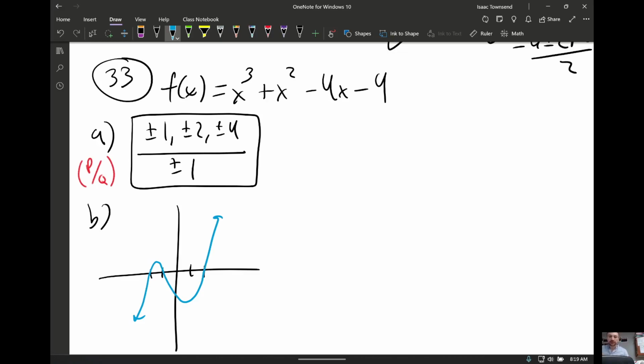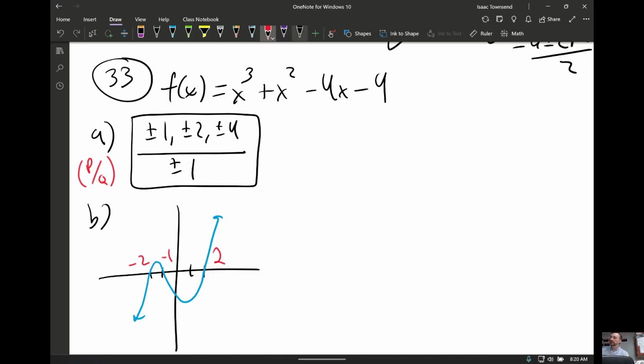But I'll need to be sure that it's not just close. So trace 2, enter, confirms that 2 is the x-intercept. Trace -1, enter, confirms that -1 is a 0. Trace -2, enter, confirms that -2 is a 0.